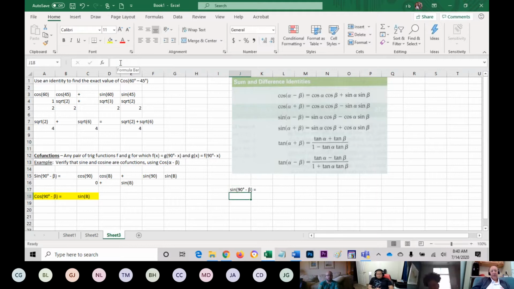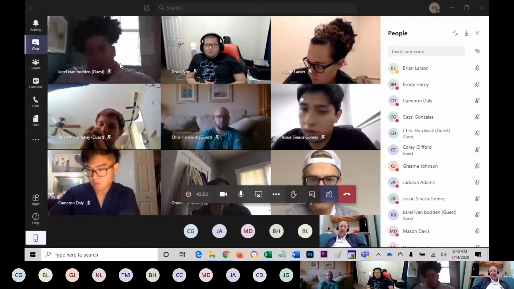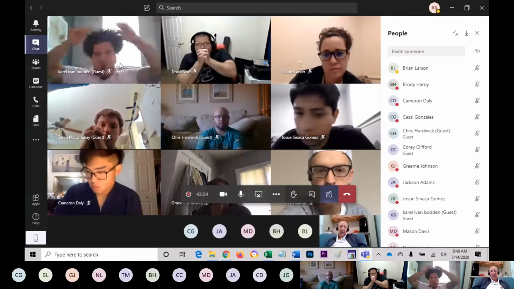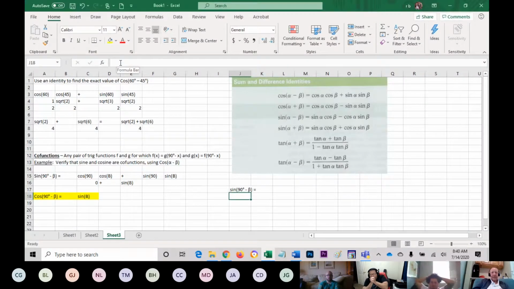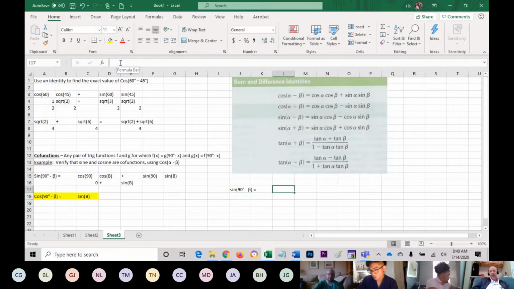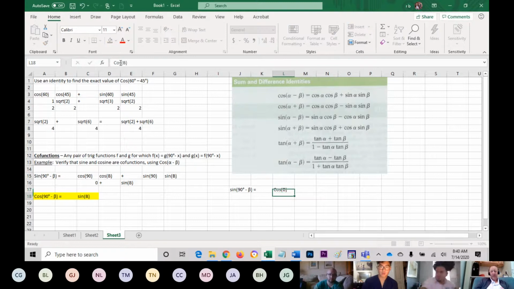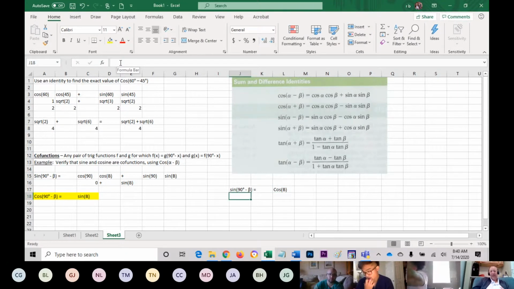Sine of 90 minus beta. Okay, so that was Brody. Cameron Daly, it must be your turn. All right. Here's what I'm going to show. We're going to show that this is the cosine of beta. Okay, we'll make this kind of an identity, but use these 6 rules here.